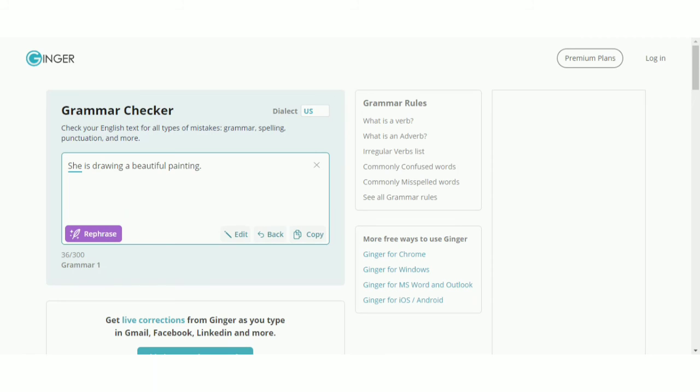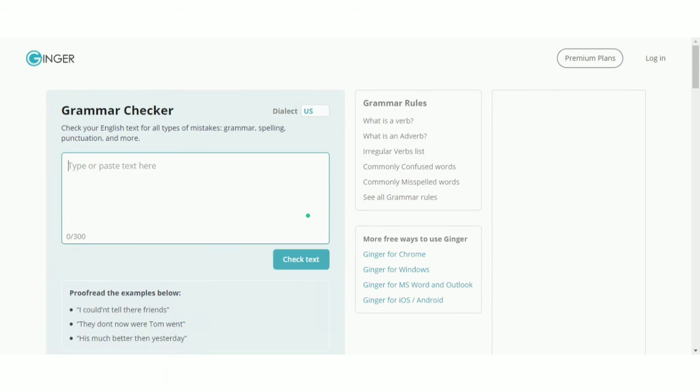Okay, let's do some intentional mistake now. I want to see how it is working. So I'm keeping my first letter capital this time. She drawing beautiful scenery. Let's see.